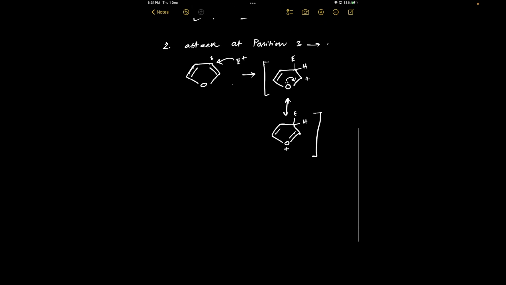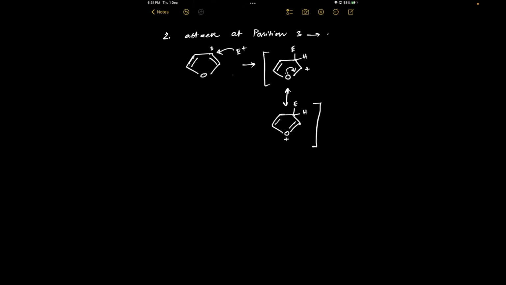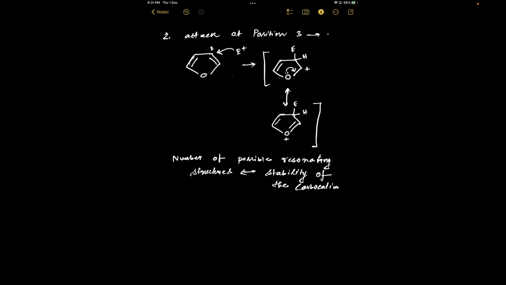So that's why the number of possible resonating structures correlates with the stability of the carbocation. Right?